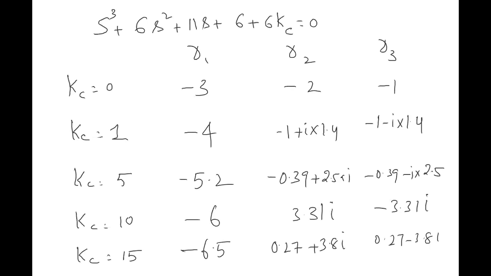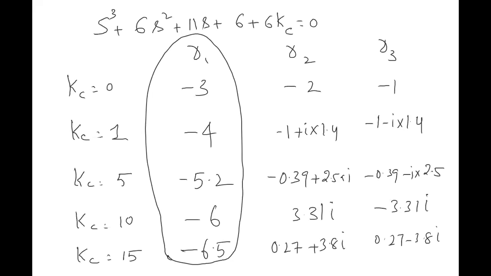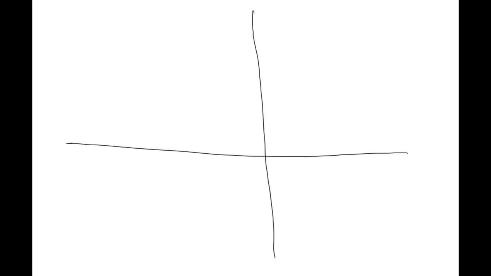So did everybody get these roots? Can somebody plot this root? Can you plot this R1 root? So these are 3 roots. Let's say I'm plotting all the roots with different colors. Let's say this is minus 3.